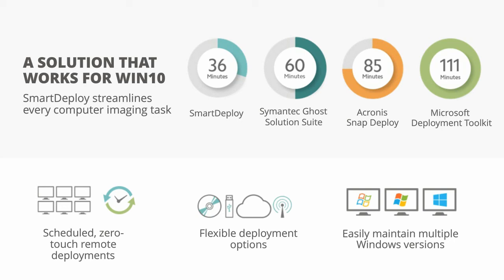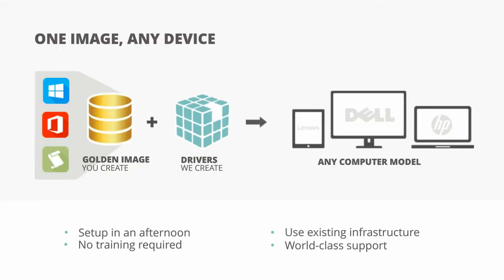So it's a great way to be able to easily maintain the versions of Windows that you need. You might have good reason to stay on Windows 7 until the last possible moment for some users, but for some users or departments you're ready to move, it's nice that it gives you the ability to do this on your timeline and your schedule.